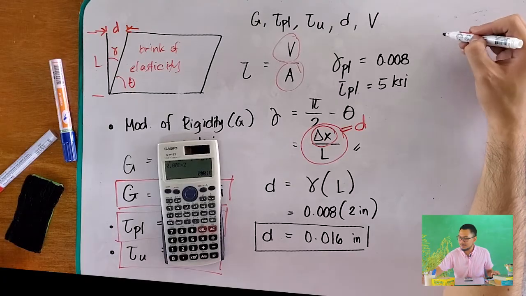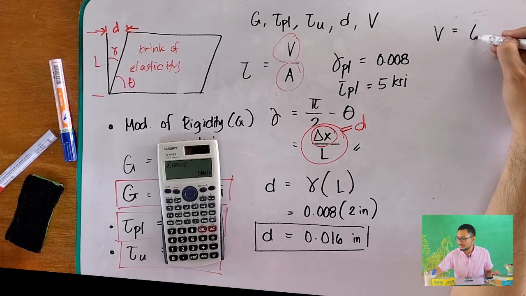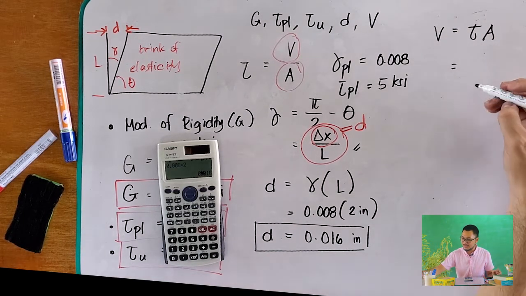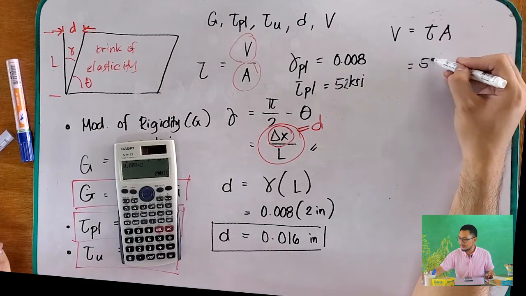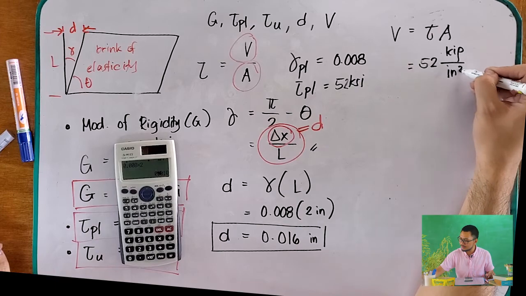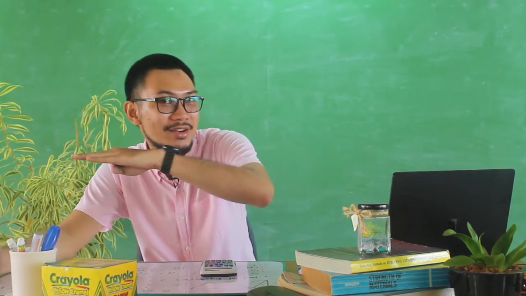Sige na ito balik-balik before. So, your V is equal to tau times A. And that is just basically equal to, so 52 kilopounds per square inch multiplied by the area. Unsa man ang area ani, di ba? Ang atong direction sa shear and ang unsay parallel niya mao nang area.